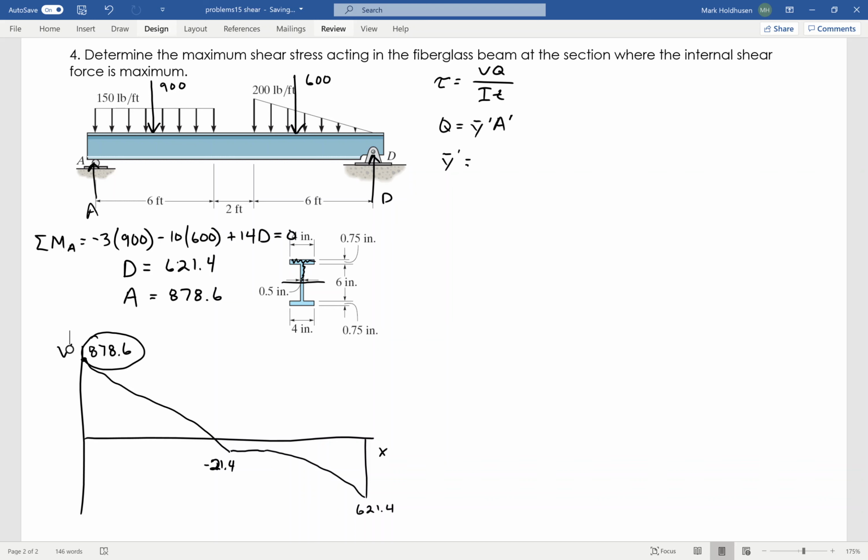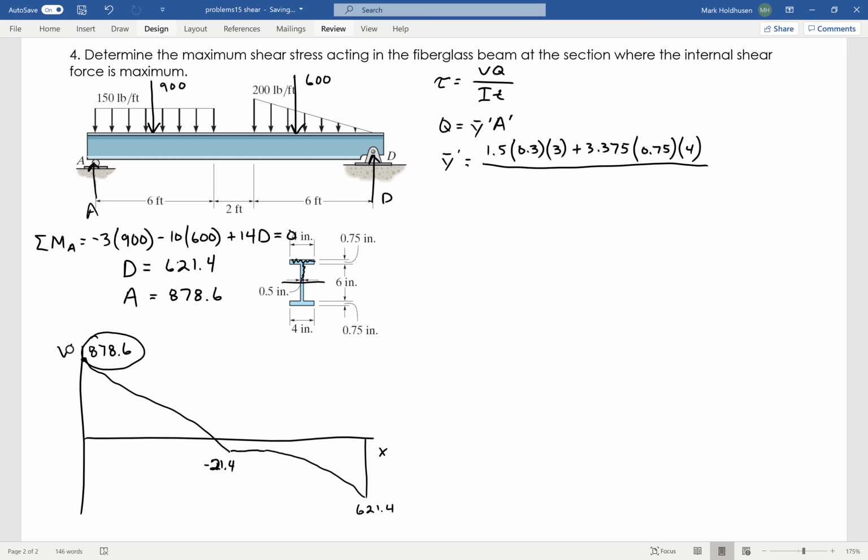So the first one will be half of the 3, so it'll be 1.5 up, times its area, which will be 0.5 times 3. Then I'll have the guy on the top, which will be 3.375, its location, right? Because I go up 3 and then half of the 0.75. Again, that's from the neutral axis, and then that's going to be times 0.75 times 4.